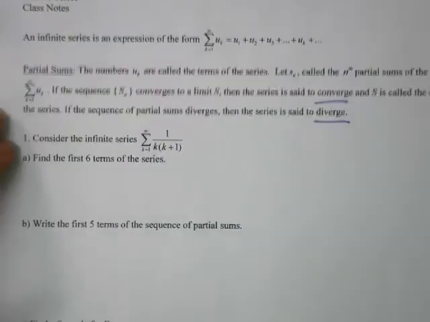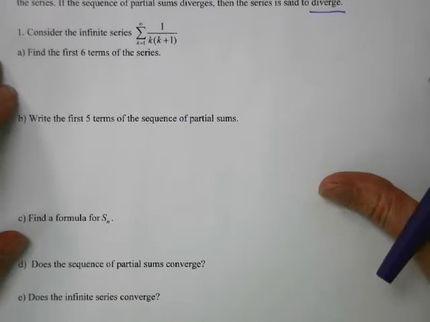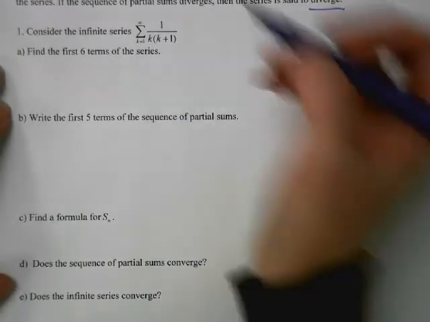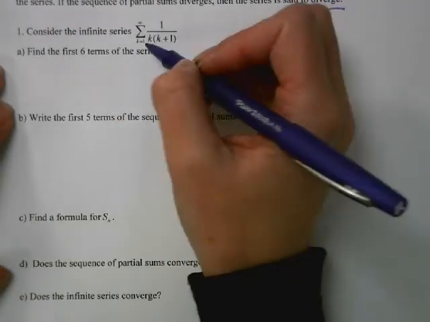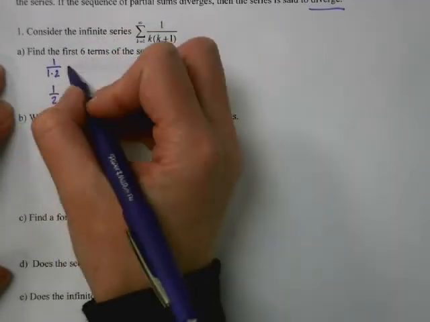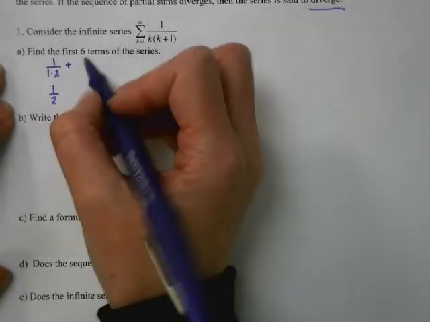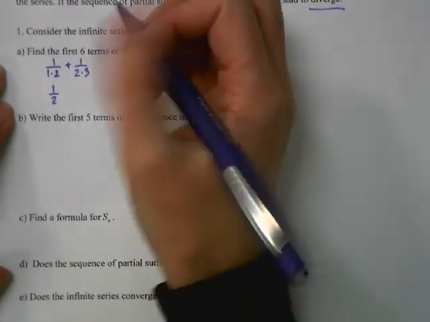So let's look at the series from 1 to infinity of 1 over k times k plus 1. Let's look at the first 6 terms. Remember, you start with this. So we're going to have 1 over 1 times 2, which is going to be 1/2. We're going to have 1 over 2 times 3, so you just go up by integer values.